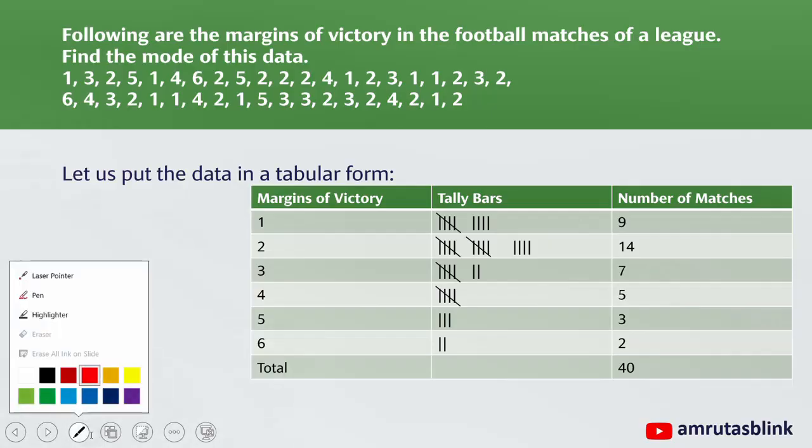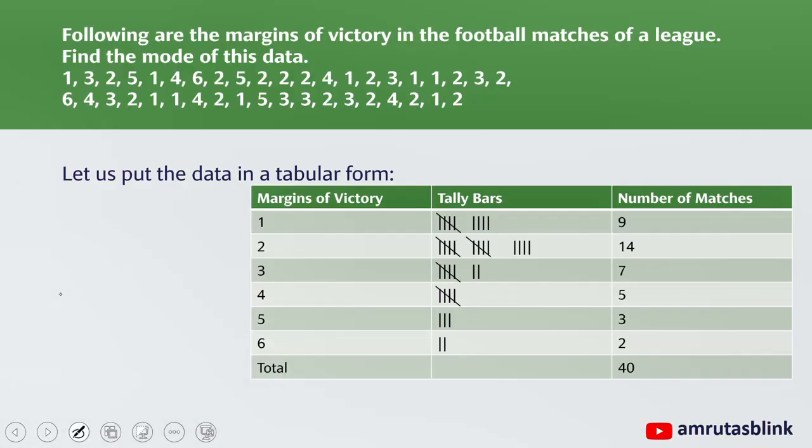To do this, we will follow the method of tally marks. We'll create the table: margins of victory, then tally bars, and then number of matches. So let's say 1 has occurred 9 times. We'll just cross verify: 1, 2, 3, 4, 5, 6, 7, 8 and 9.